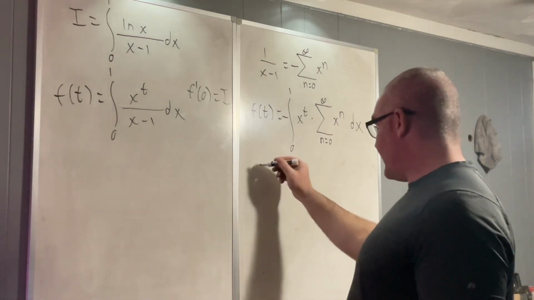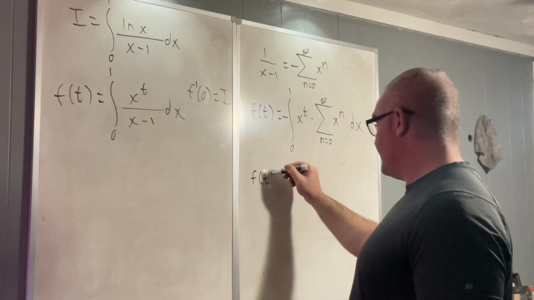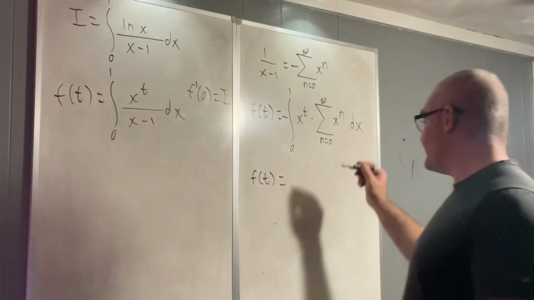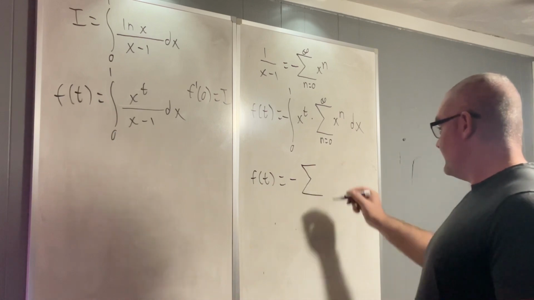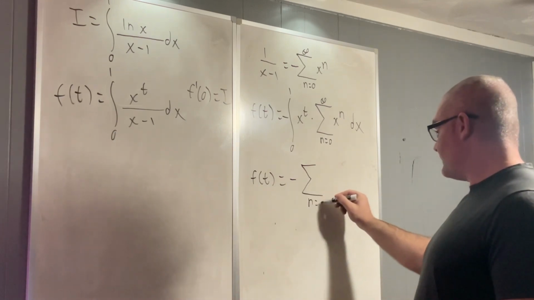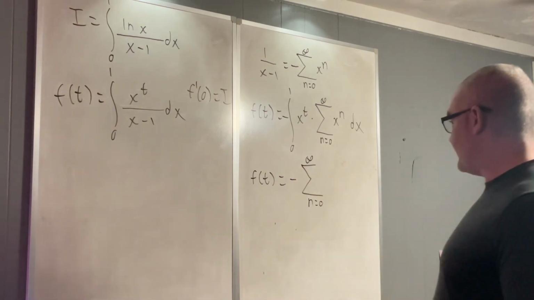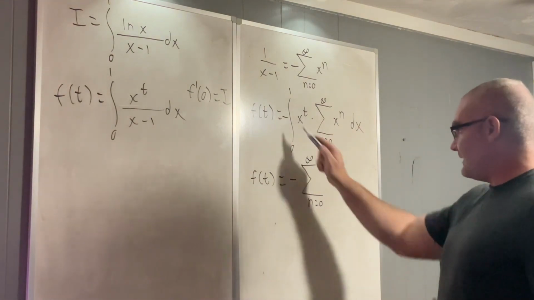So we'll just have f of t being equal to, I want this sum out front. So that's the sum from n equals 0 to infinity. Of course, we have the negative sign.